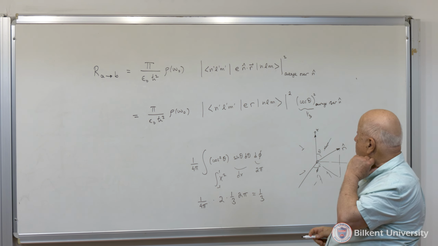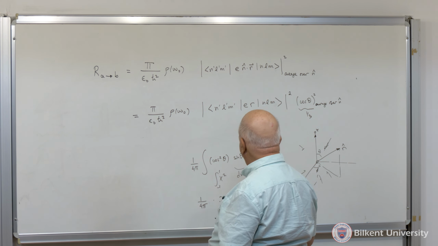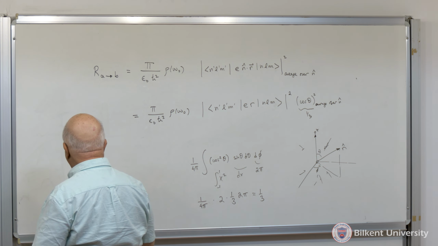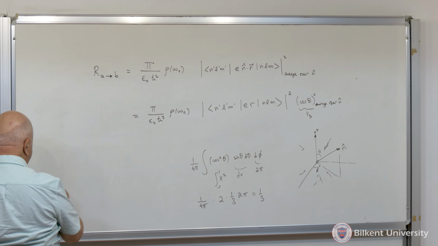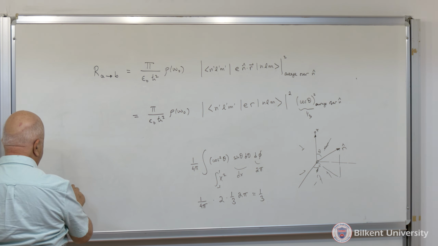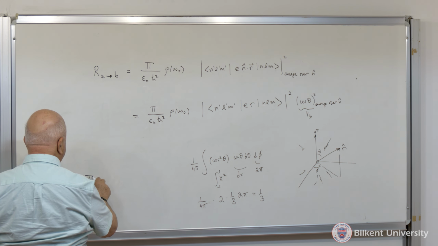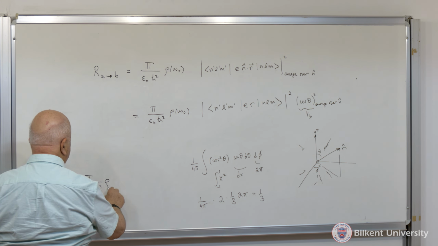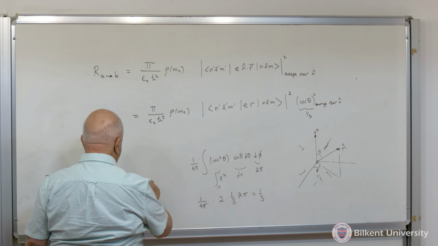All right, so what do we do? Let me just write this down someplace where I won't lose it, because I'll need it again. Well, we can always write it again. So the end result is that R A to B, including this averaging factor, is pi over 3 epsilon 0 h bar squared rho of omega 0 times the n prime, l prime, m prime.